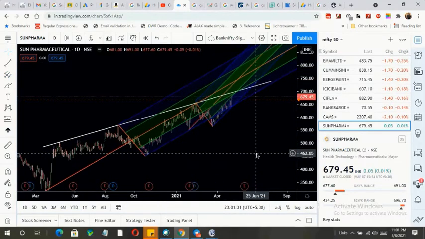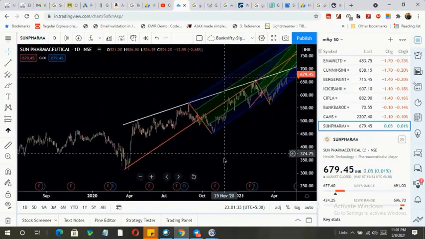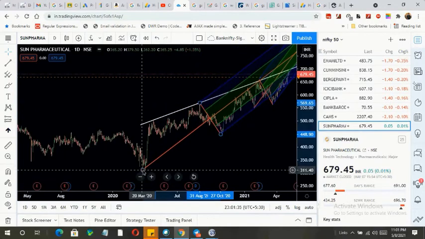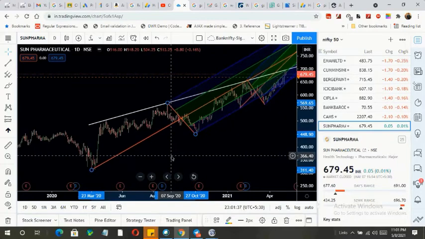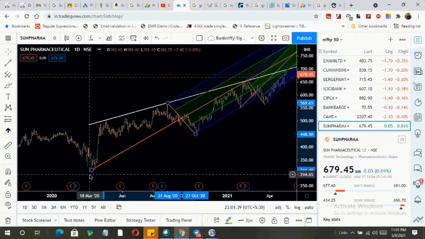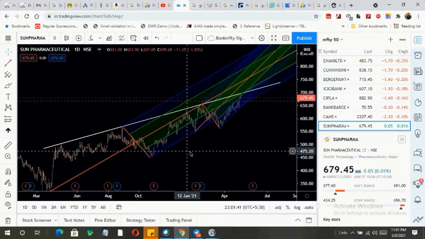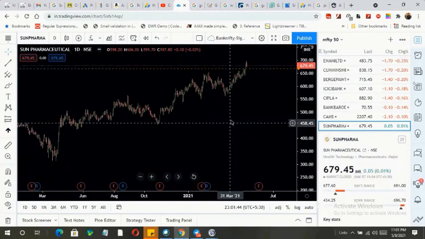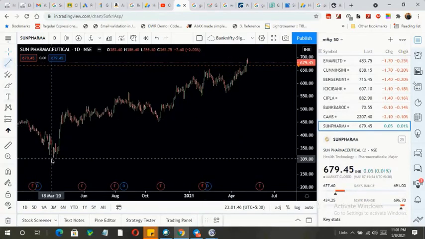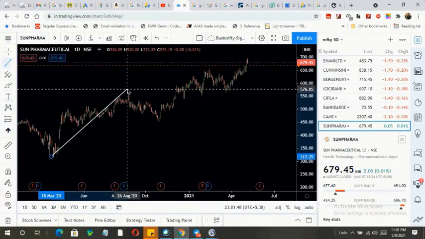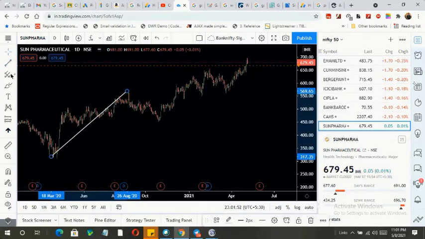So you see that I draw this pitchfork with three swing points. It is going upside only, correct? If I draw it clearly here: first swing high, swing low, swing high, swing low, sorry.